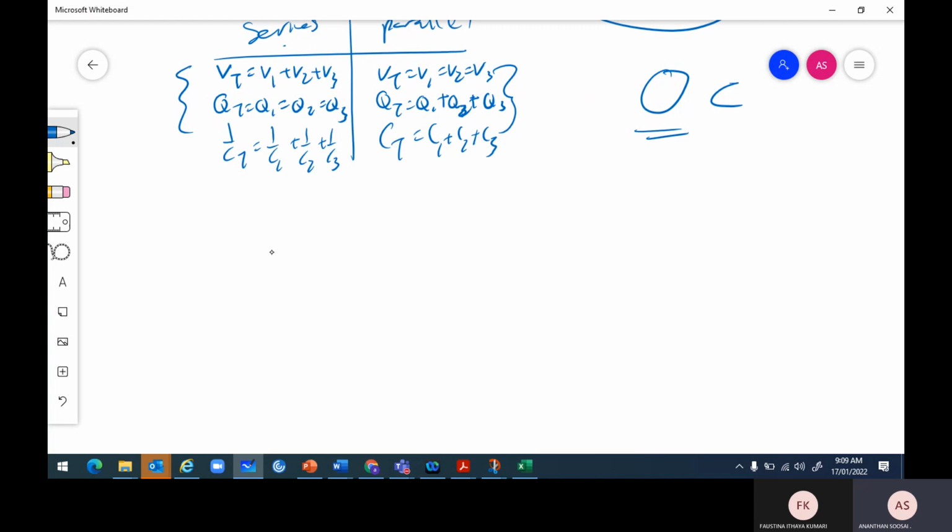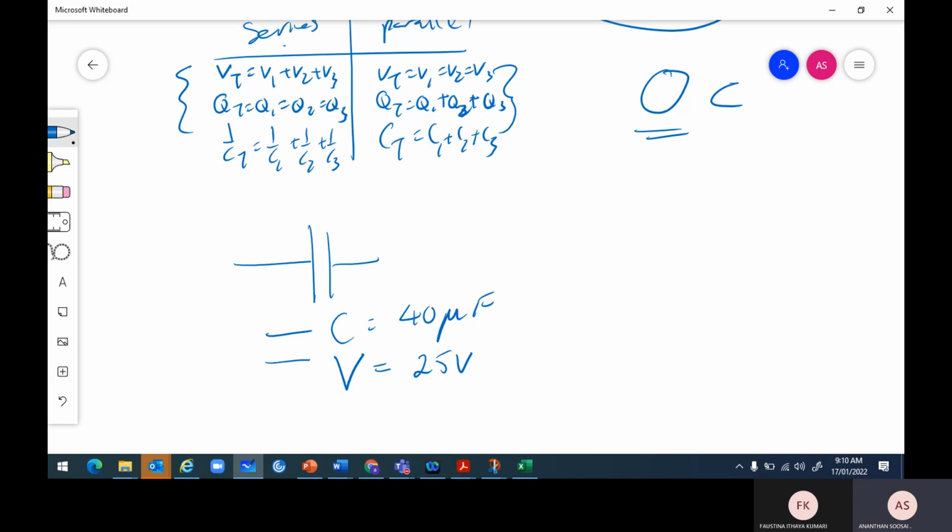Now let's move on. Whenever you purchase a capacitor, it will state 2 values. Of course, it states the capacitance, let's say 40 microfarad, and it states the safe voltage, let's say 25 volt.